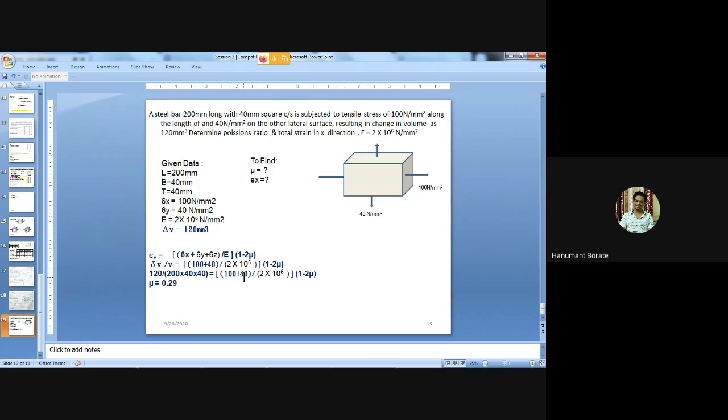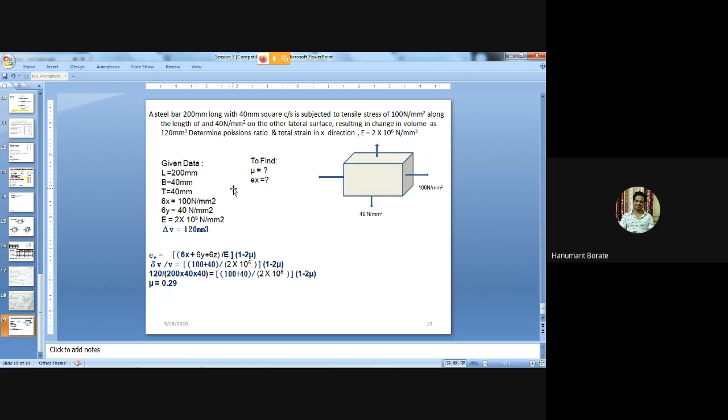Just putting the values, finally we get mu equal to 0.29. Please keep in mind, the value of mu always lies between 0.10 and 0.50 only, and it is always a positive value.